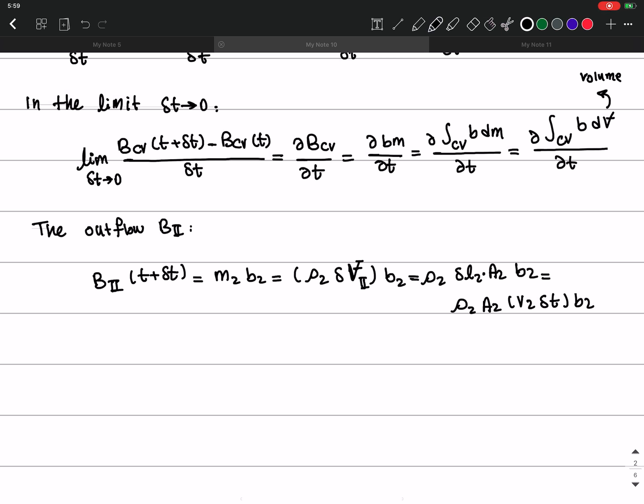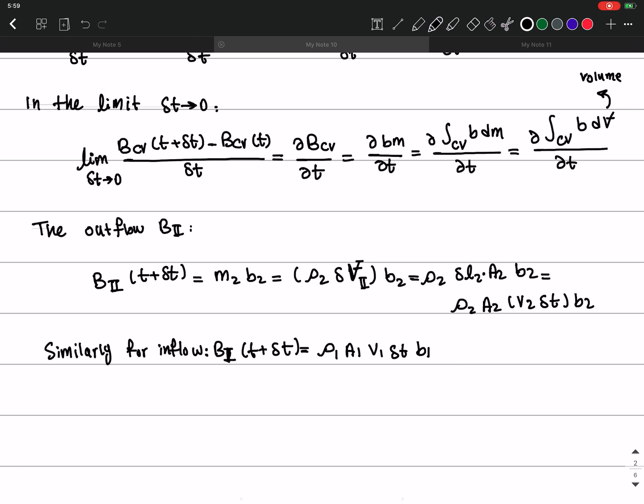Okay? So similarly, for inflow B1, we have B1 at time t plus delta t is going to be rho 1 A1 V1 delta t times b1.